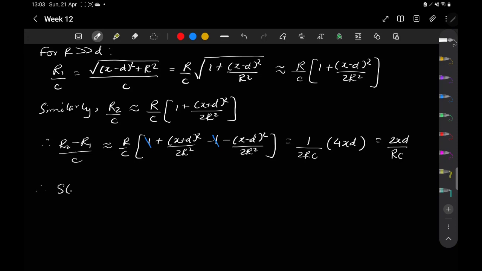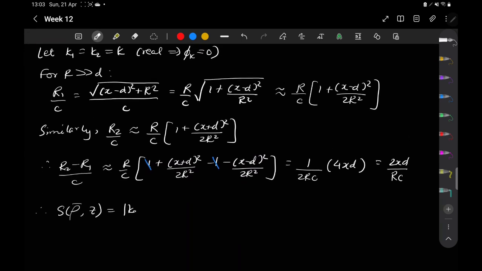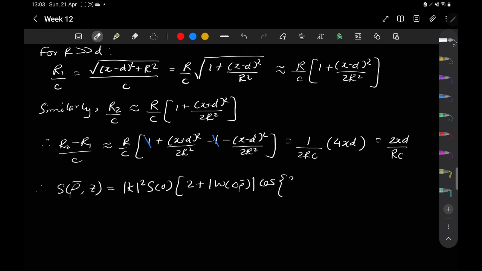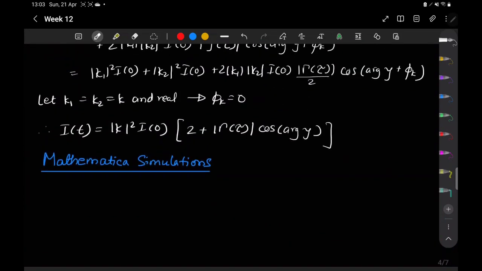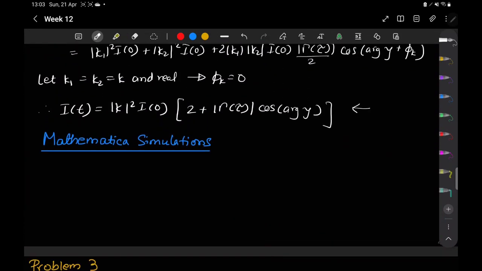Therefore, the final expression for the intensity at the screen is the following, which is in analogy with the temporal domain.